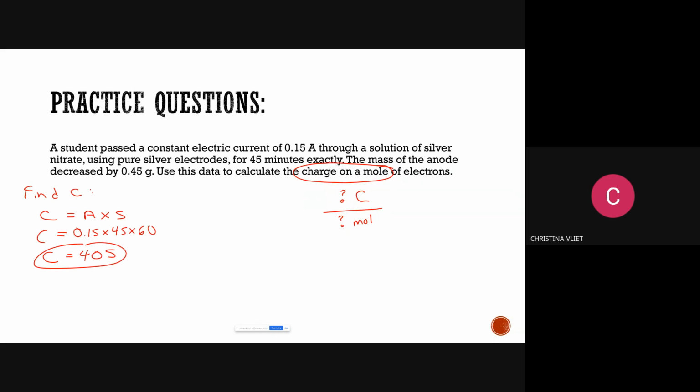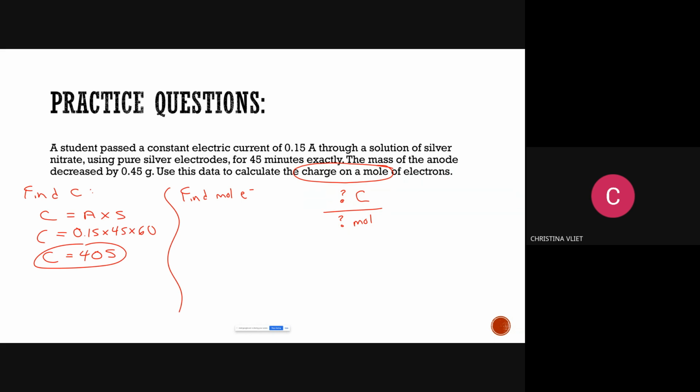How would I get the bottom number? So find moles of electrons. How could I find the moles of electrons? What have they given me that can give me this information? I have the grams, so I would just work my way to moles of electrons. It's the same equation as last time, isn't it?